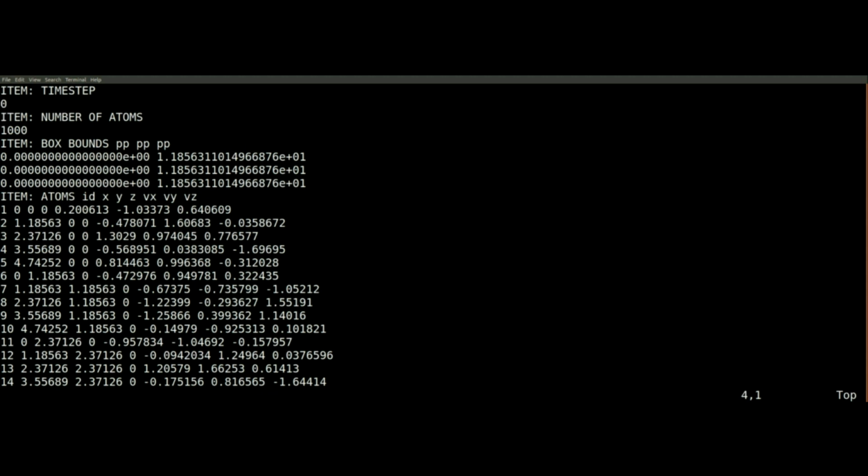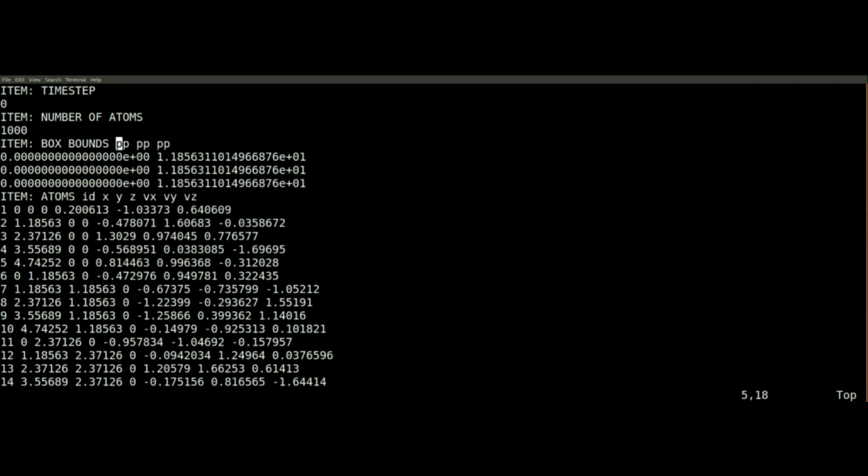This simulation has 1,000 atoms. We knew that already. Next item is the box boundaries. Our box goes from 0 to 11.8 sigmas in the x direction, y direction, z direction, and the x, y, and z boundary conditions are periodic.